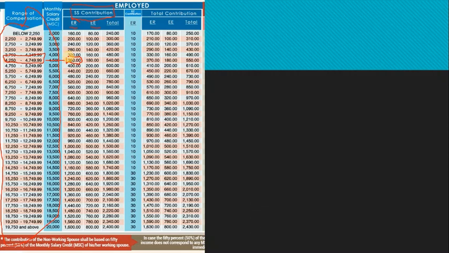You as an employee are obliged to be deducted 180 pesos. So 180 pesos should be visible on your salary slip. Again, ER refers to the contribution of the employer and EE refers to your contribution.